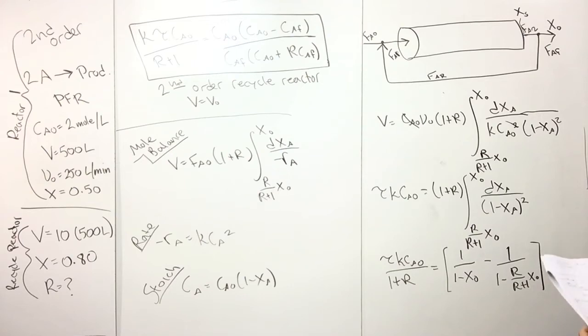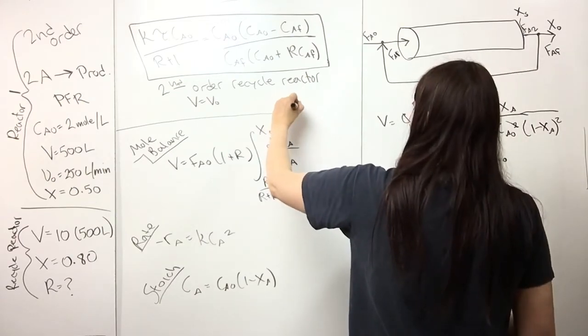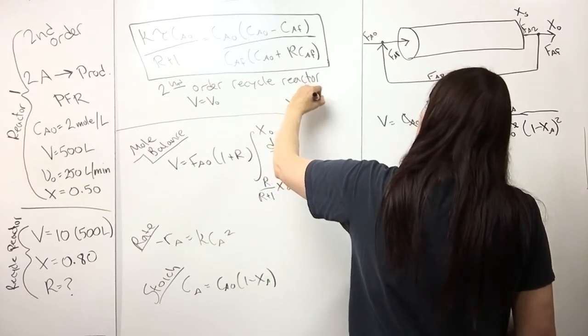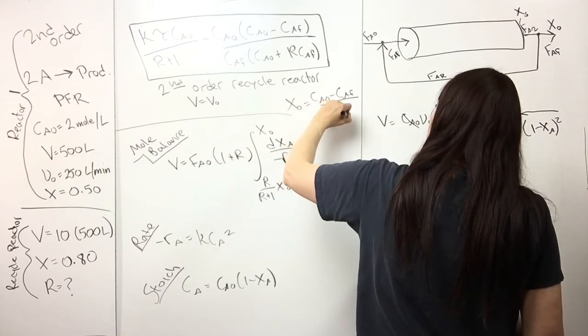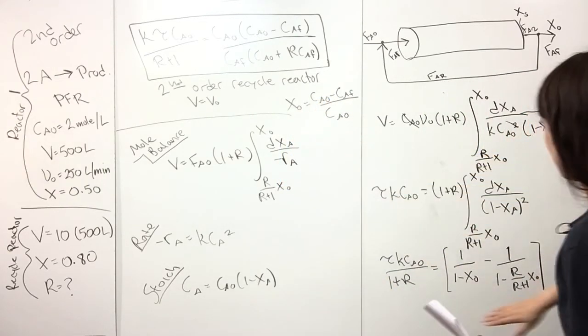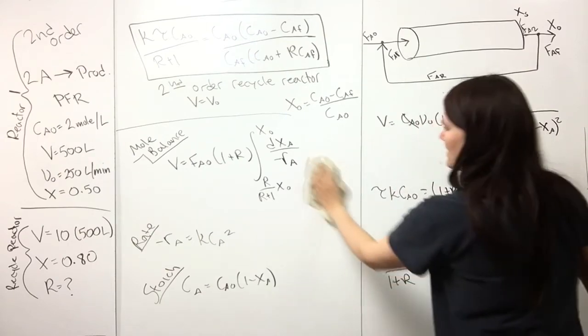So then we can go back to this equation that we had for X naught, and I erased it, so I'll write it again. X naught was equal to (CA naught minus CAF) over CA naught. Then we can plug this in for X naught. Now let's erase some stuff real quick.